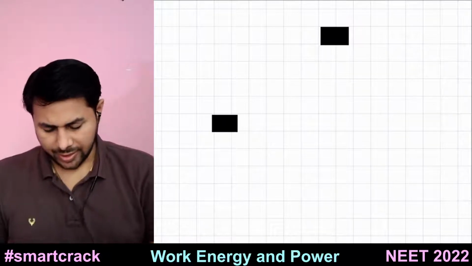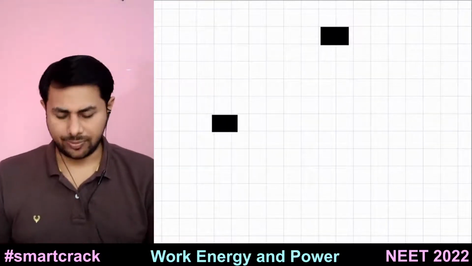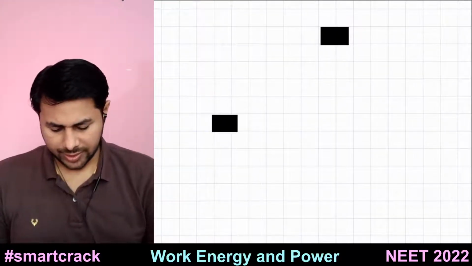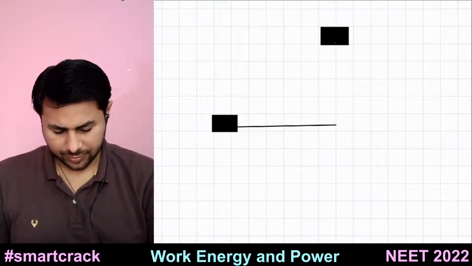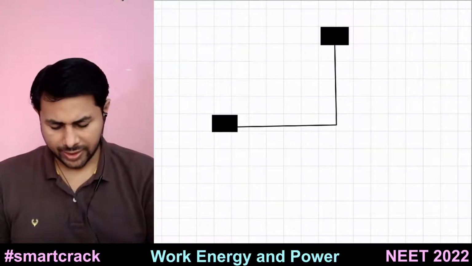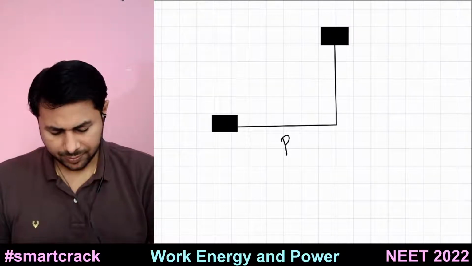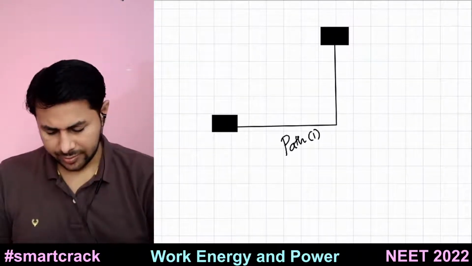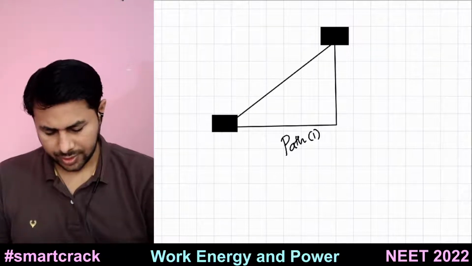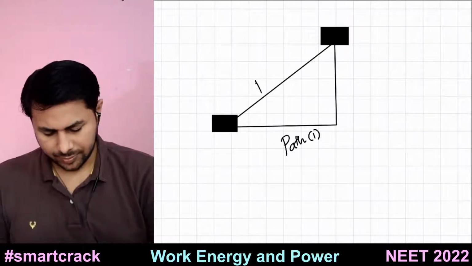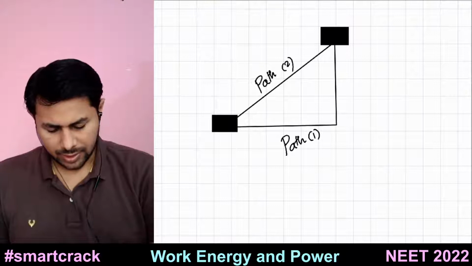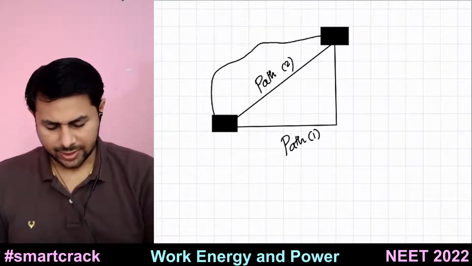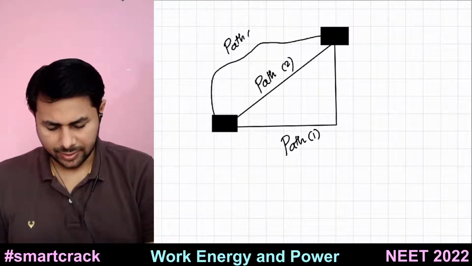It does not matter along which path you move this object. If you move the object like this, there will be some work done. Let's call it path 1. You move it like this, suppose path 2, and you move it something like this, suppose path 3.